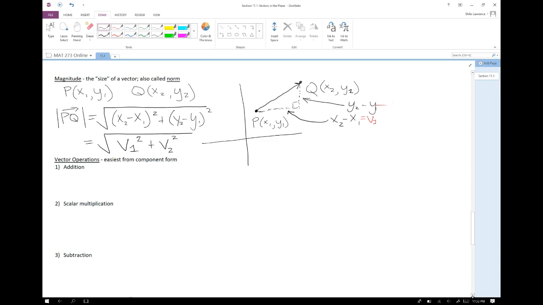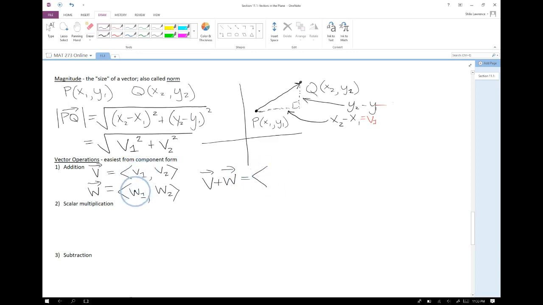So if we want to add two vectors together, let's say we've got vector v has components v1 and v2, and vector w has components w1 and w2, we can create a new vector by adding them together. We can figure out what v plus w is just by adding their corresponding components.